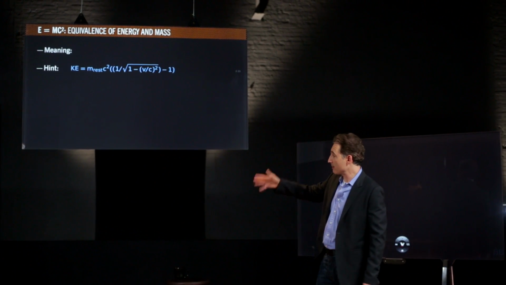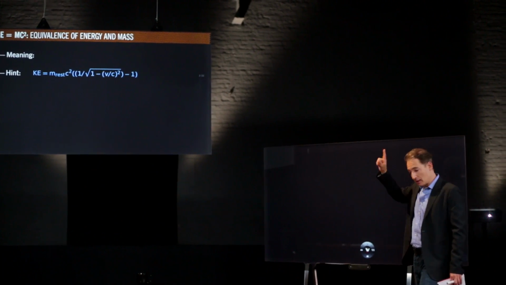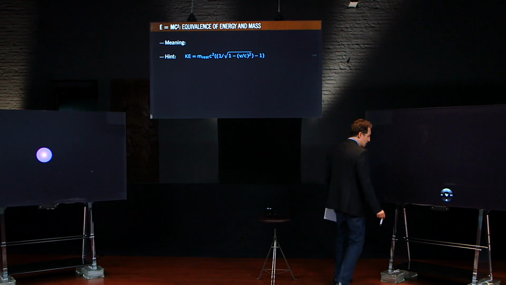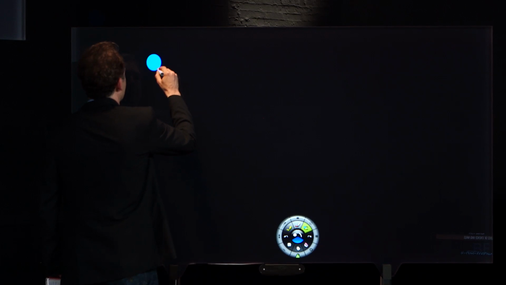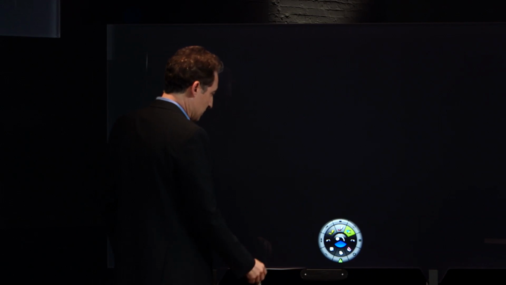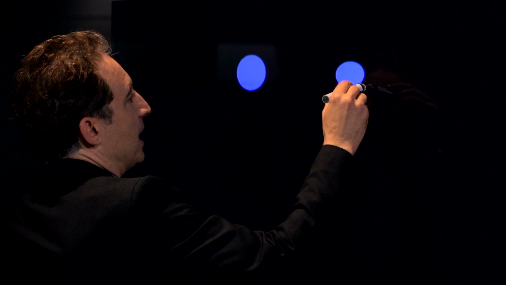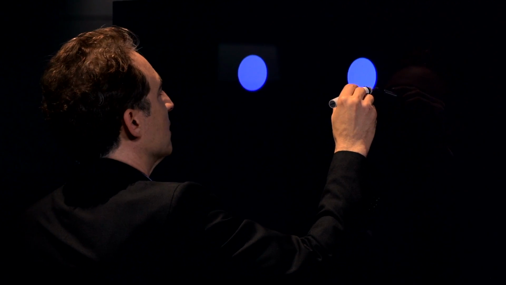Now we're going to do a mathematical analysis of this collision in particular and show that the kinetic energy must be transmuted into mass. I'll call this particle over here particle A, and this guy, particle B, is the one that it slams into. Imagine these guys are in the same line.